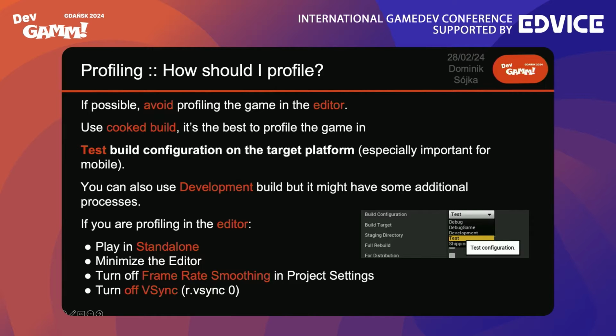And of course, test the project on the target platform, for example, when you are targeting the mobile platform. And if you have to do this in the editor, play in standalone, minimize the editor, turn off the frame rate smoothing, and turn off vsync for your project.